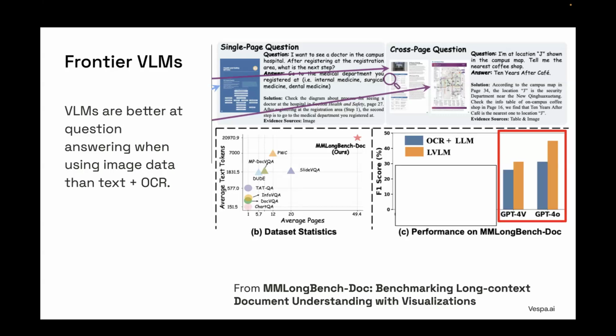So the performance you can see here, if you feed the extracted text of a document versus feeding the image, feeding the image provides a lot better results.